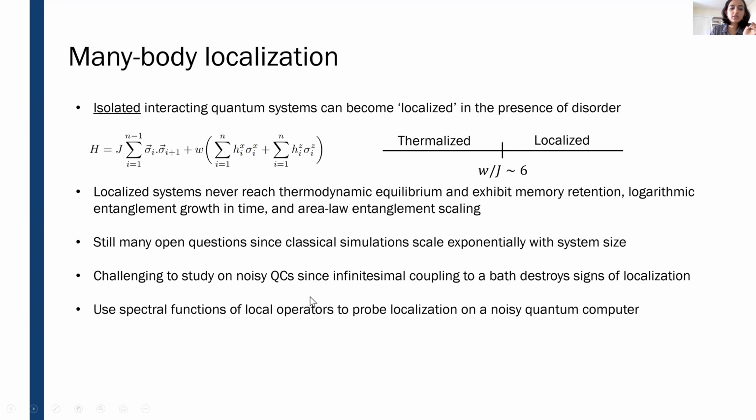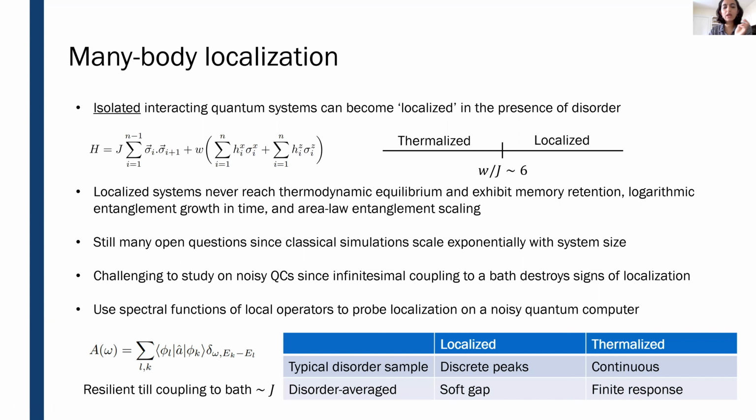They're also challenging to study on quantum computers because the localized phase is extremely sensitive to coupling to a heat bath. So we designed an algorithm to study MBL on a noisy quantum computer. We did that by probing what's called the spectral function of local operators. If you're given an operator A, the spectral function is defined in a simple way.